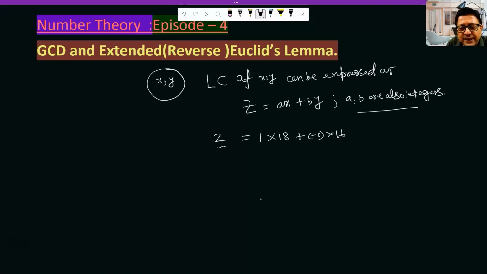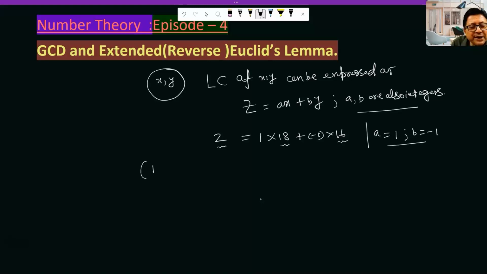See, 2 is expressed as a linear combination of 18 and 16 with the value of a as 1 and b as minus 1.